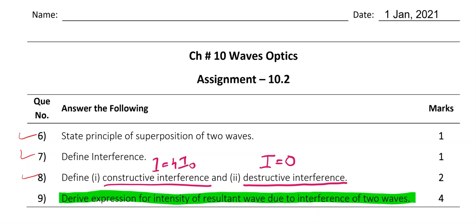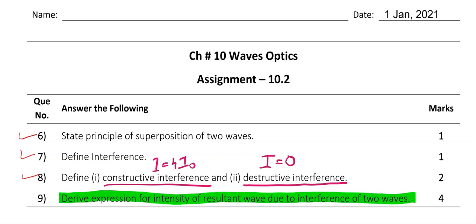So in this video, we will derive one equation for resultant intensity, and then maybe in the next assignment we will verify whether the intensity is 4 times that of an individual wave, or 0 for destructive interference. But in this video, we will just derive the expression for intensity of the resultant wave.